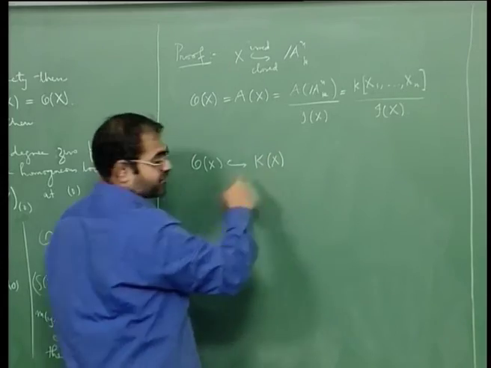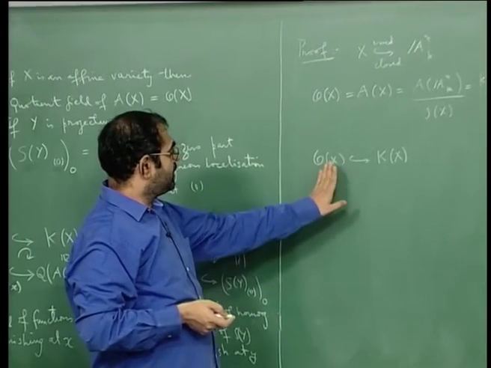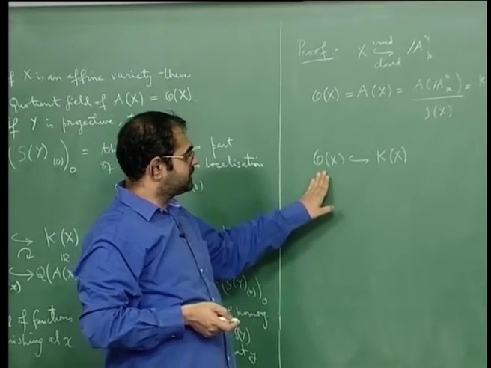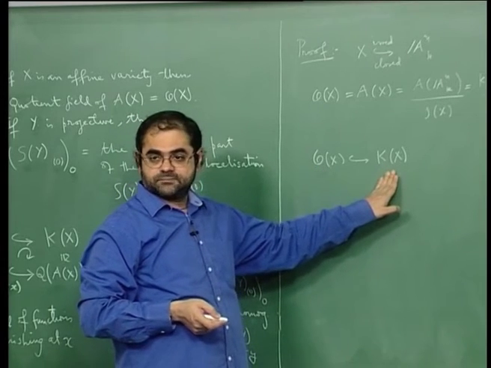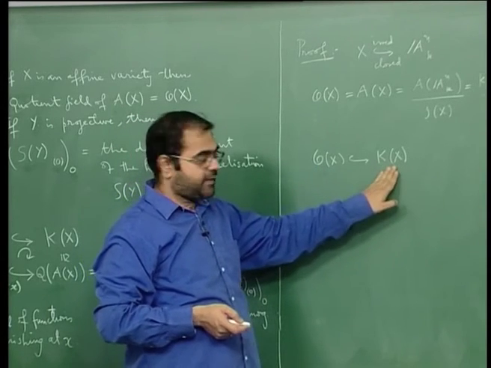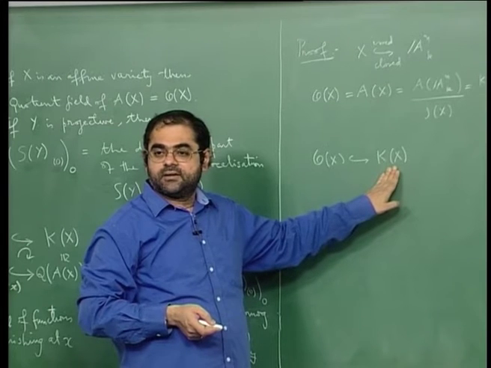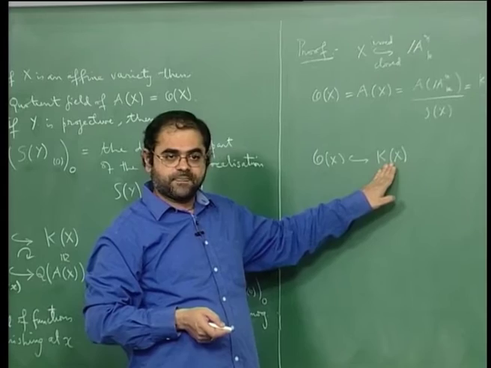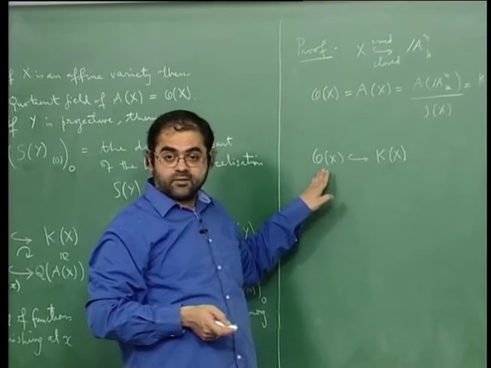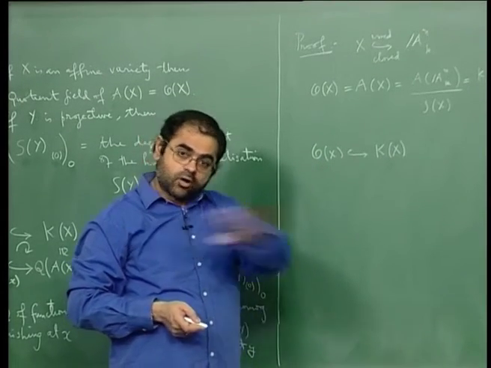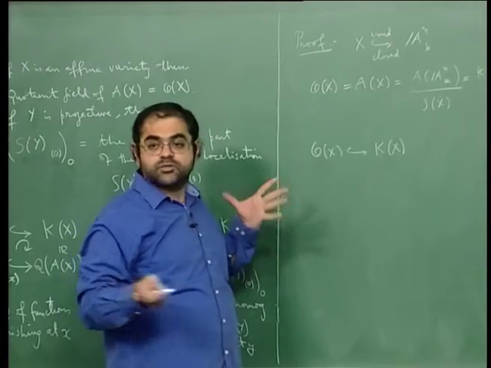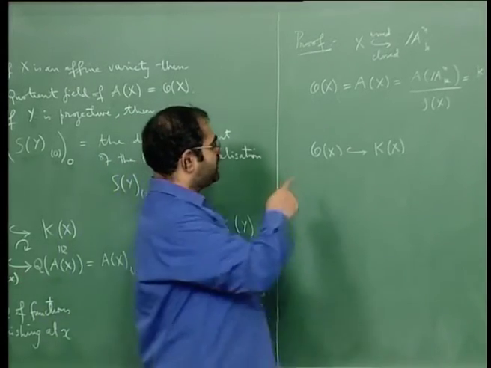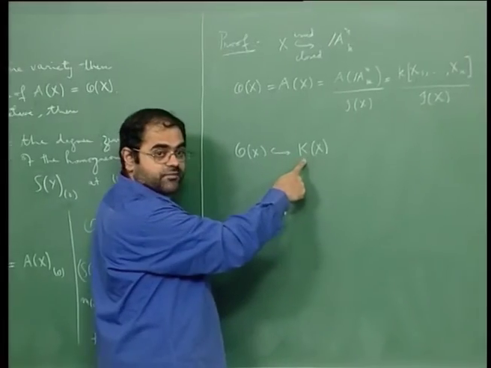This is something that we have already seen. In fact any regular function is also a rational function. After all, K(X) is supposed to be represented by regular functions on open sets, and O(X) is regular functions defined on all of X, and all of X is also an open subset of X. Therefore O(X) is a subring of K(X).